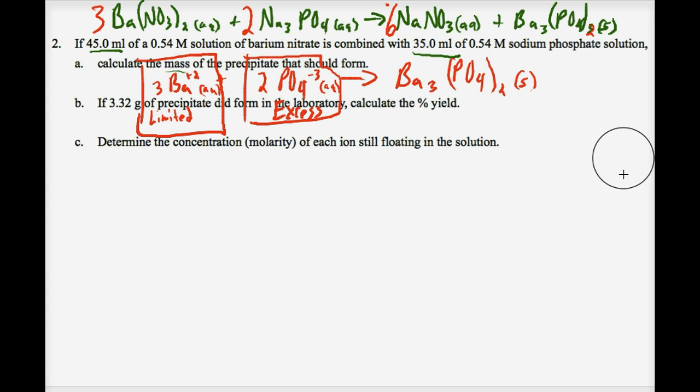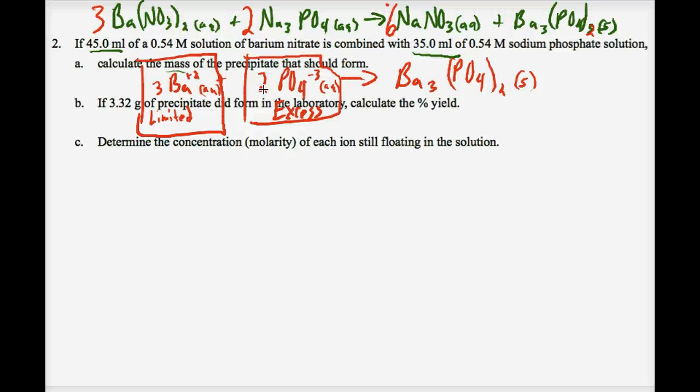But now we want to know about our other excess, and that would be our phosphates. Because it came from the excess reactant, we have excess phosphate.